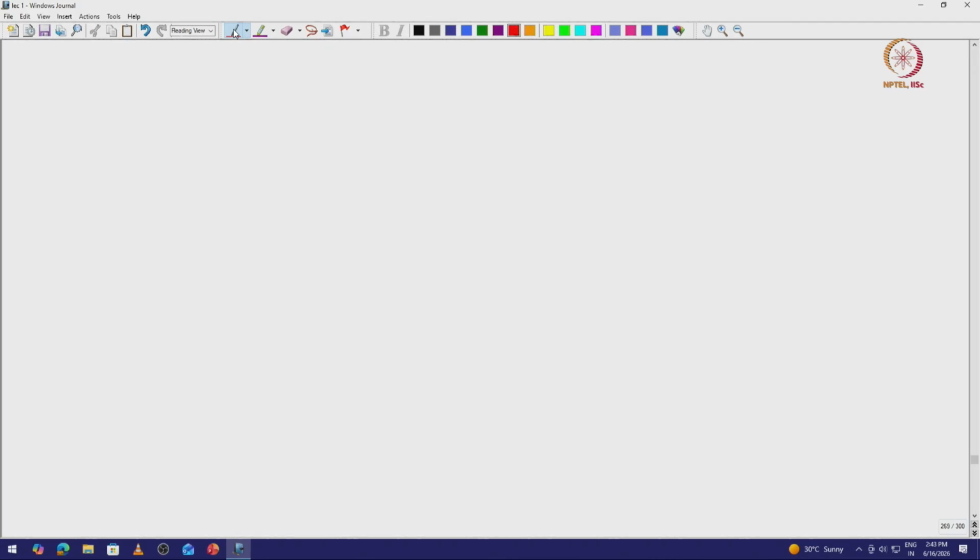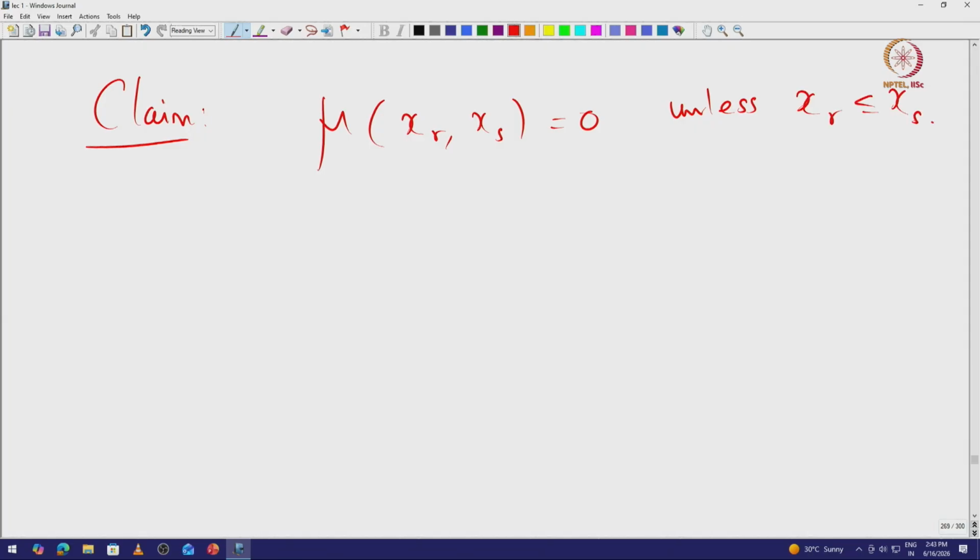This is the defining property. So, let us make this claim: mu of x_r x_s is 0 unless x_r is less than or equal to x_s. Let us assume this claim for the time being.